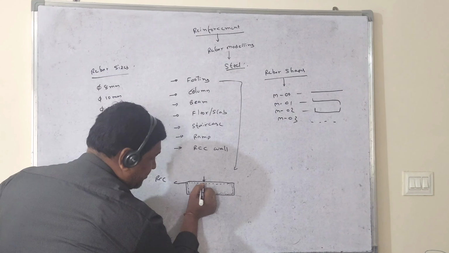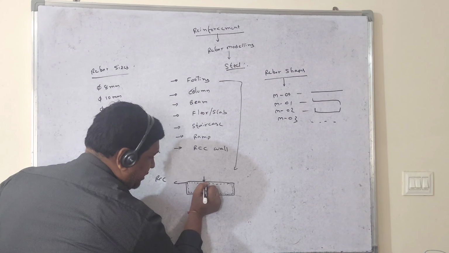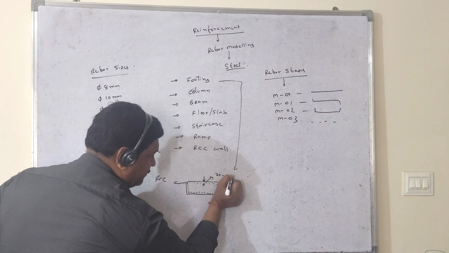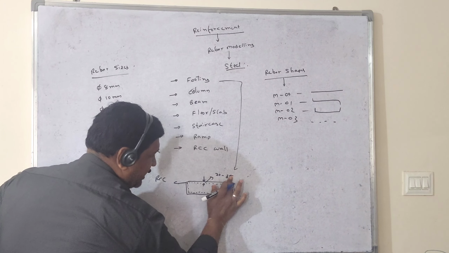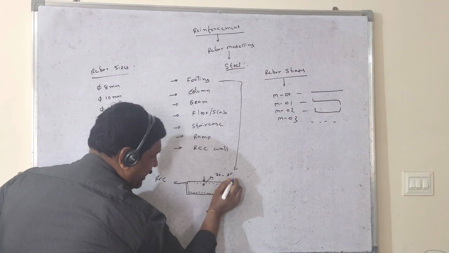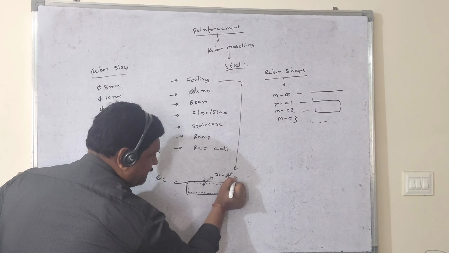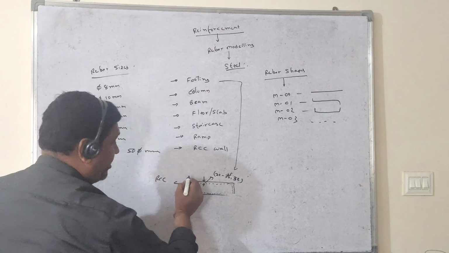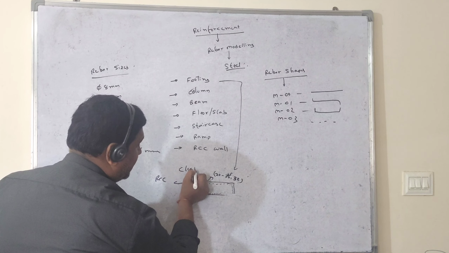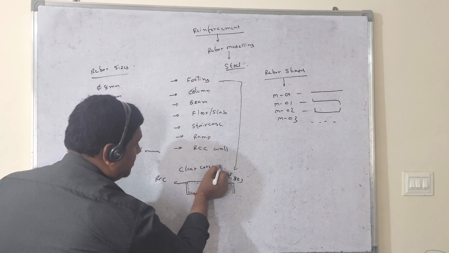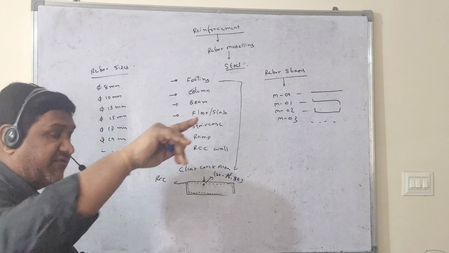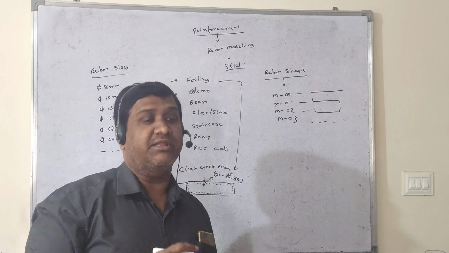From the outer face of the RCC inward, we give some space, minimum 20 mm, 25 mm and maximum 32 mm. That space we call the clear cover area, since it covers the component.